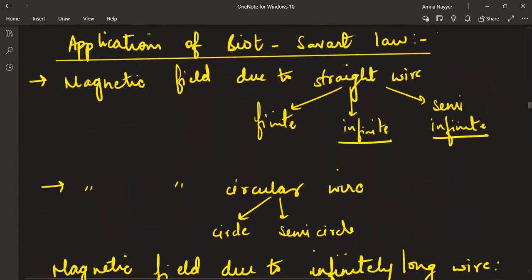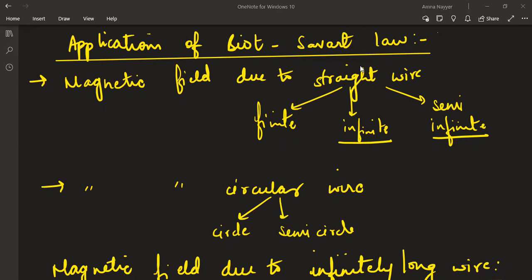Now you have certain applications of Biot-Savart's law: the magnetic field due to a straight wire and due to a circular wire. Straight wire can be finite, infinite, or semi-infinite, and circular wire can be a circle, a semicircle, or an arc of random angle subtended.